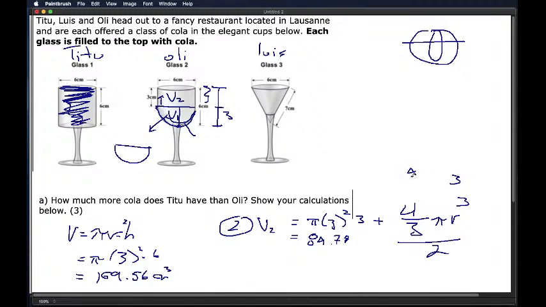So what I want to do is go 4/3 times pi times 3 cubed, and then divide that by 2. Oops, sorry, this has to be cubed here. I take all of that and divide it by 2, and I end up getting, for this bit here, 56.52.